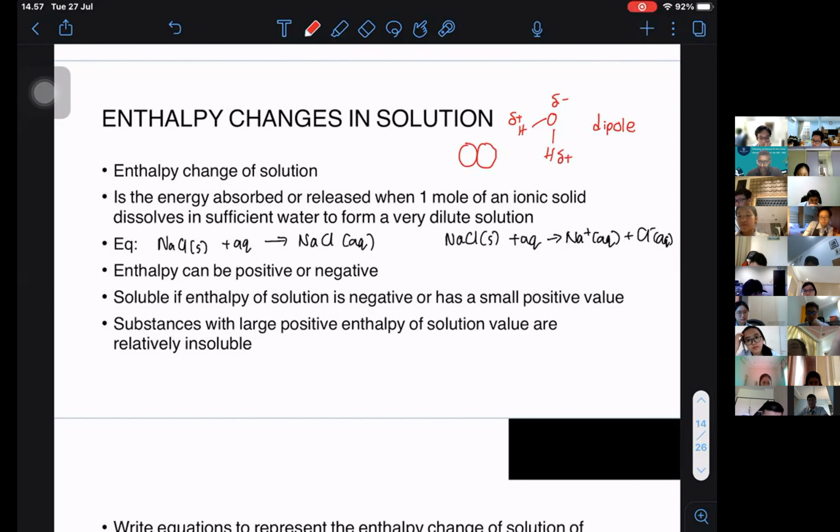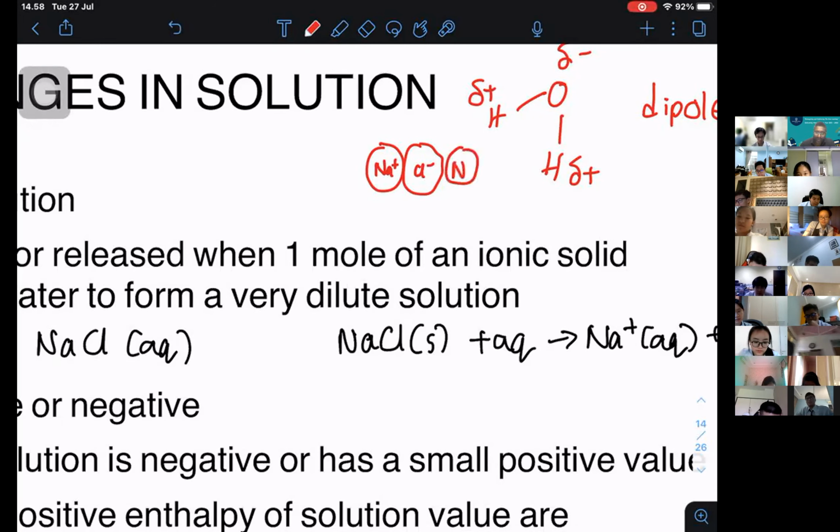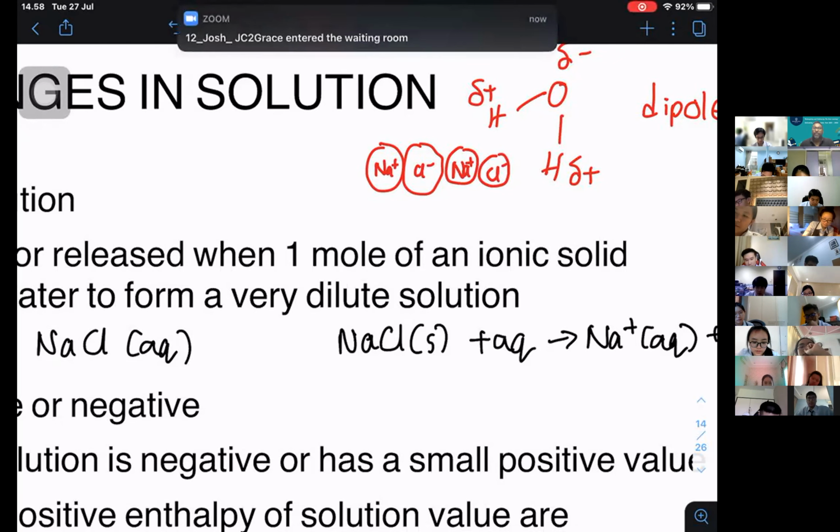If you have this sodium chloride, Na plus and Cl minus, assume that they are together like this. Of course, they are in a giant lattice structure. When they come into contact with water, the water is a dipole.